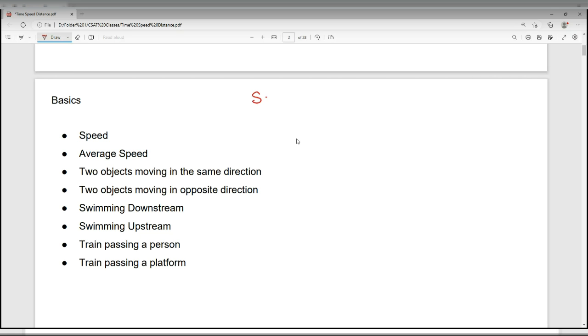Speed formula is speed is equal to distance upon time, the distance covered upon time taken. This is the most basic formula, and you have to always remember this. You can also write S is equal to d by t, distance upon time. This is the very first formula that we encounter in this topic.